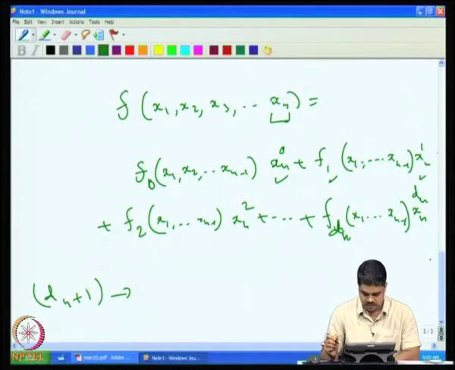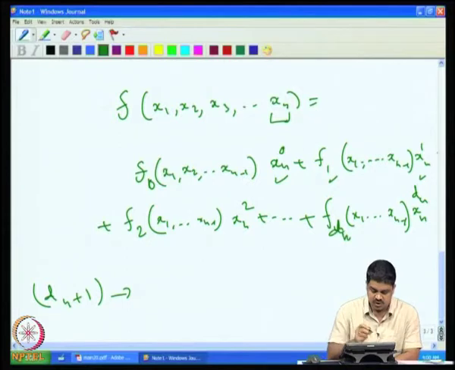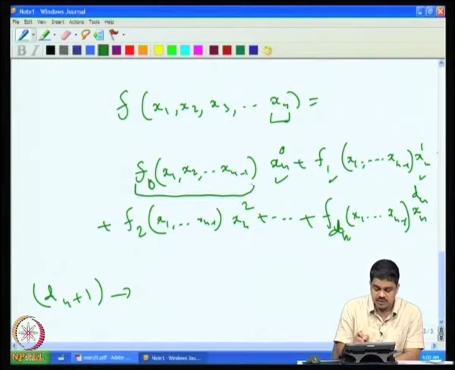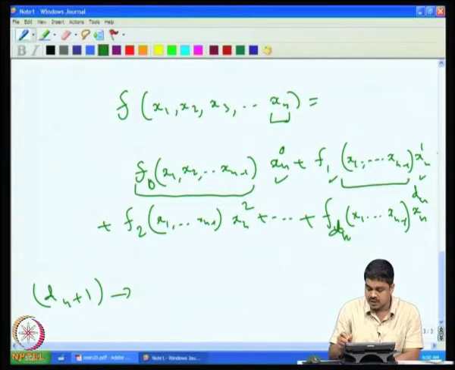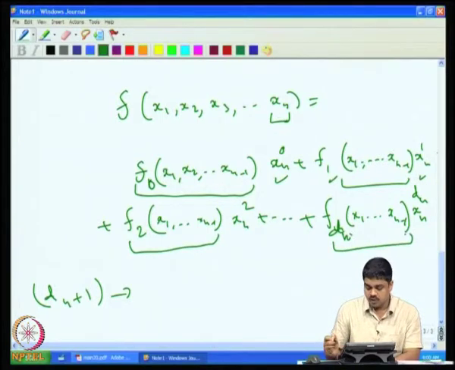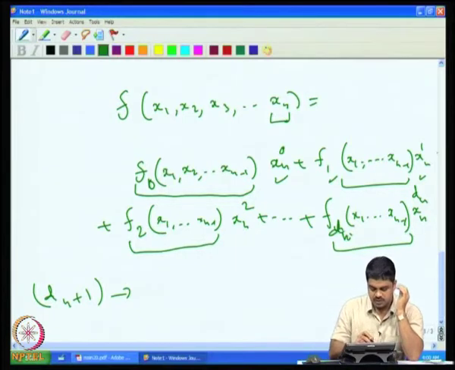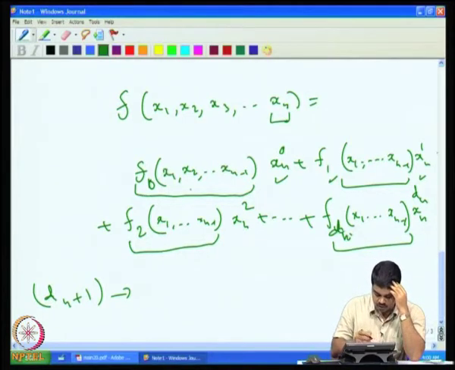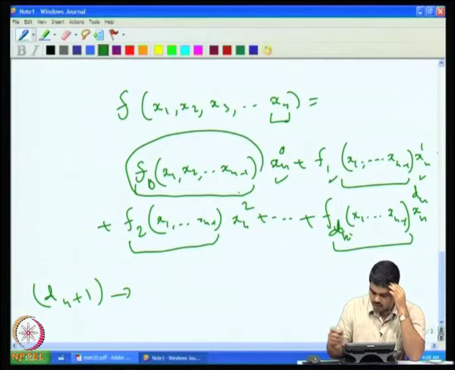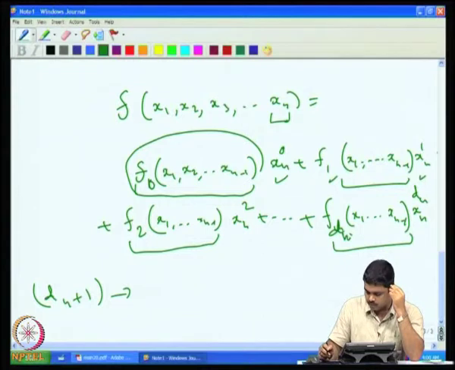So, why is this polynomial non-zero? Because f0 and the other polynomials in x1 to xn minus 1 will become non-zero for some values, by induction. We can make use of the induction hypothesis.